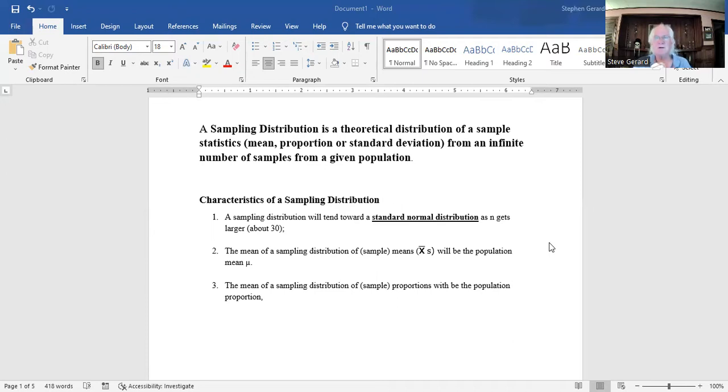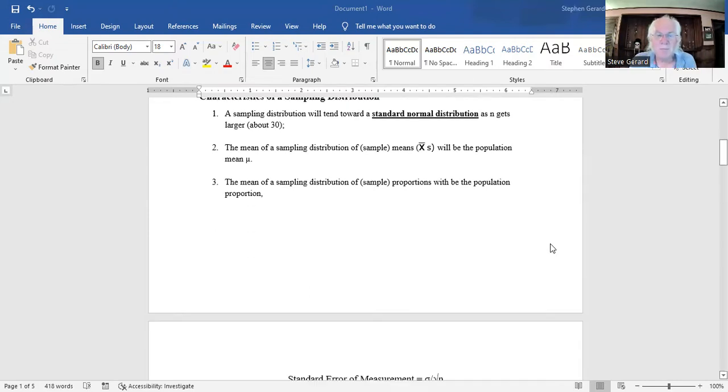Well, if I were doing that, for instance, of NVU students, I think that's high. But if I did it an infinite number of times, the mean of the sampling distribution would come out equal to the proportion that they are in the overall population, which is all NVU students. Now, that's a conceptual point here. I will come back to this more.